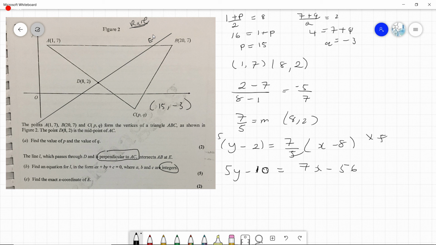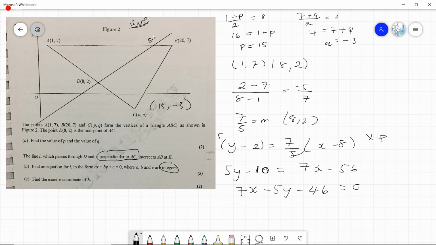Now let's get everything together. We need ax first, so 7x minus 5y, and then plus 10 on that side, which gives me minus 46 is equal to 0. That is in the form they want. Even though they have positives here, it's absolutely fine.